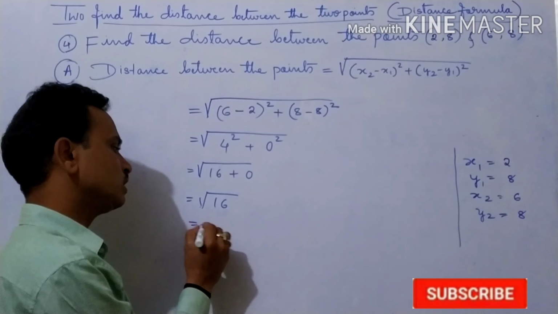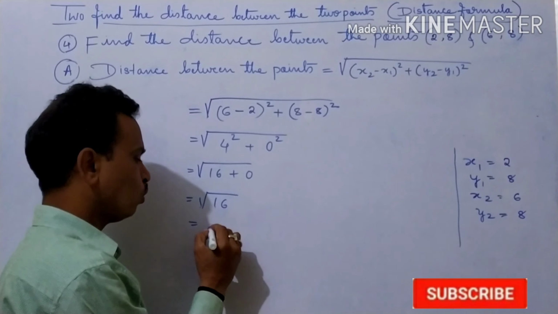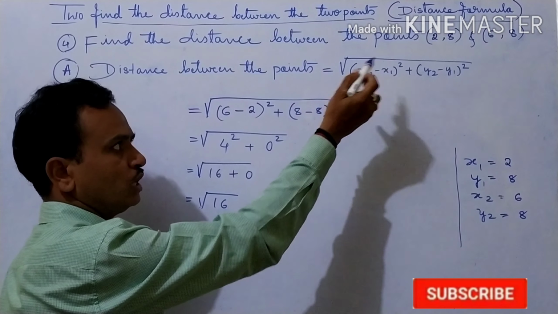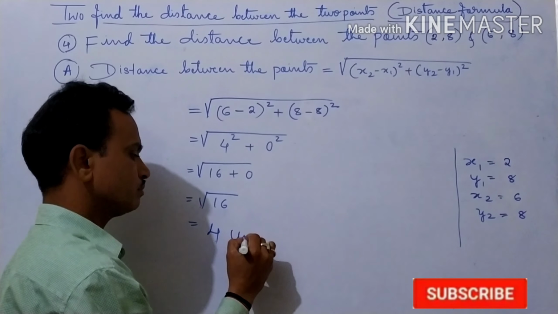Now square root of 16 is 4. So the distance between these two points is 4 units.